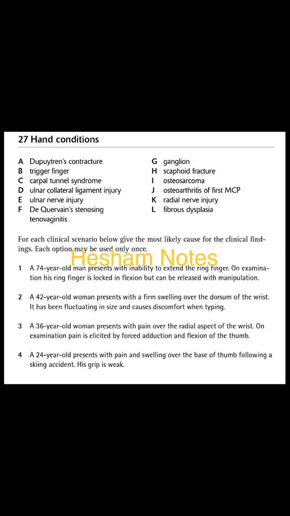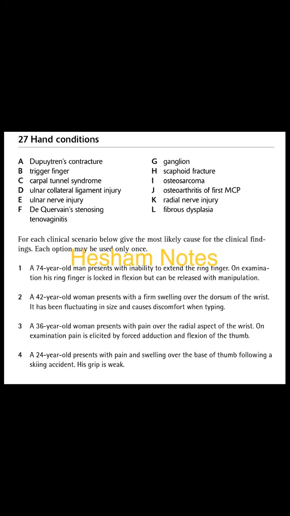No. The swelling which is present on the dorsum of the wrist and is fluctuating is typically the description of a ganglion. A ganglion is a cyst filled with synovial material due to hypermobility of the joint, causing bulging of this cyst over the extensor surface or the flexor surface. Simple or compound ganglia are found related to the wrist joint or even the foot, but more in the wrist. So 2 is G.